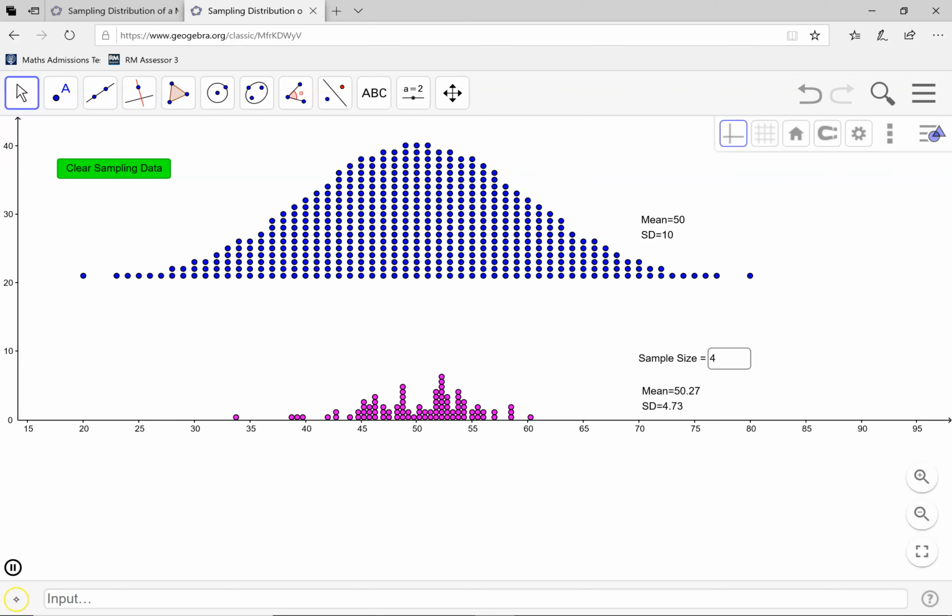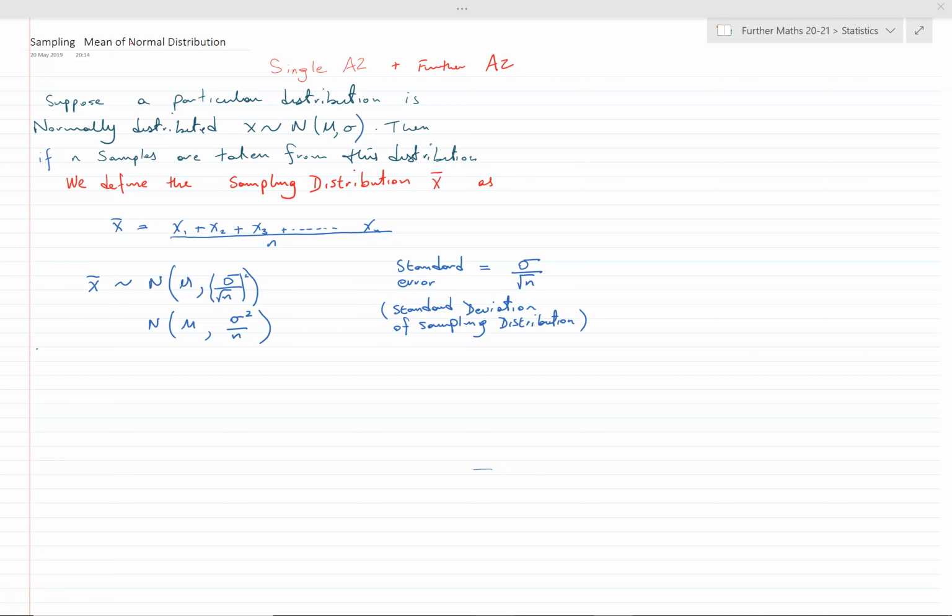So in this algebraic demonstration, algebraic proof, let's do the mean, because that's easier and fairly intuitive. The expectation of the sampling distribution will be equal to the expectation of, and let's rewrite this as, x1 over n plus x2 over n plus x3 over n, and so on, up to xn over n.